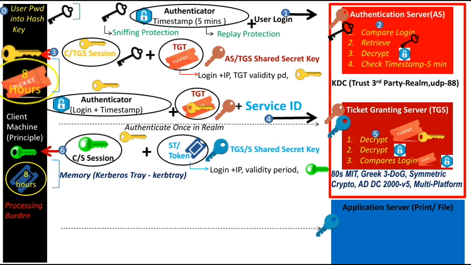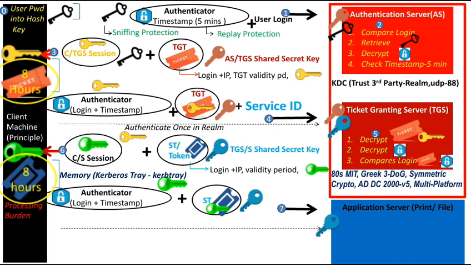The client can only store this information inside its memory for 8 hours in encrypted form. The client can decrypt the second session key since it is encrypted by using the first session key, but the client machine cannot decrypt the service ticket or service token since it is encrypted with a key which is only known to the ticket granting server and application server.